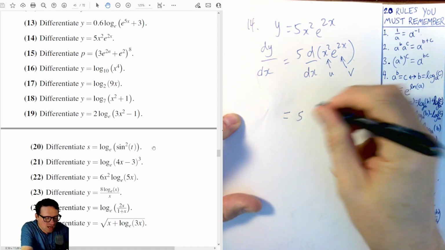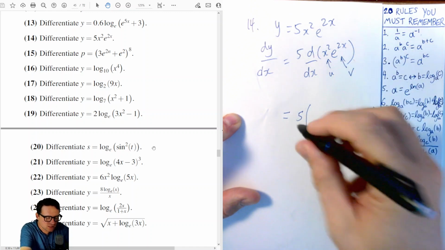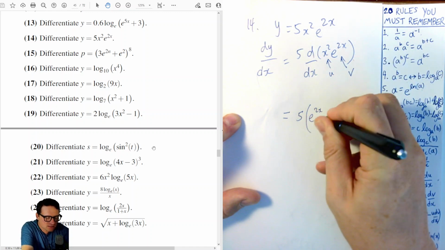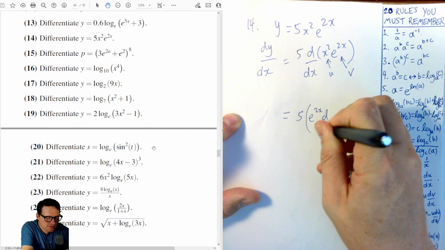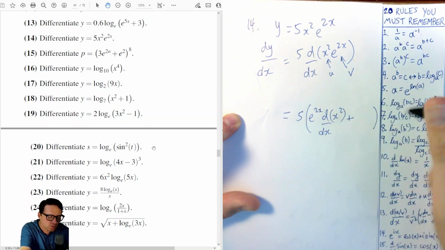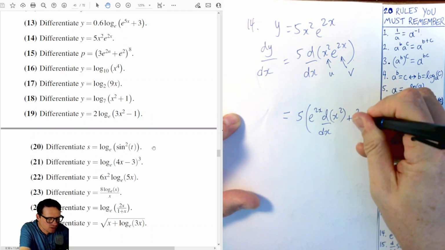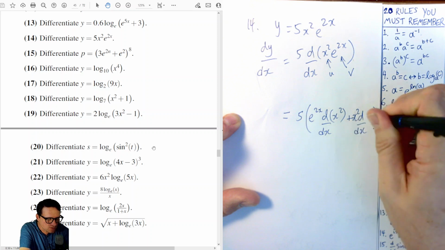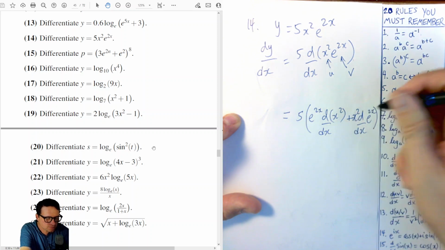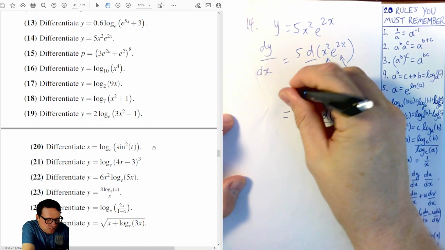So we've got 5 outside of this sum, e to the 2x times the derivative with respect to x of x squared, and then we swap this around, putting the x squared out the front and differentiating the other one, e to the 2x. What rule have I used here?